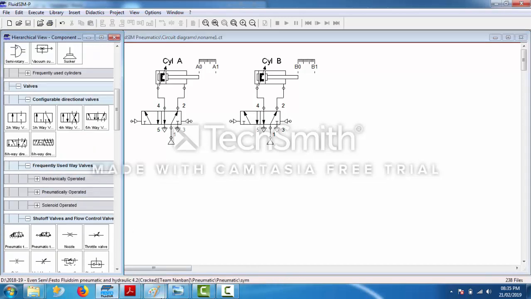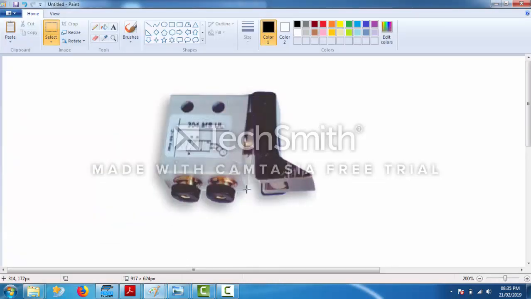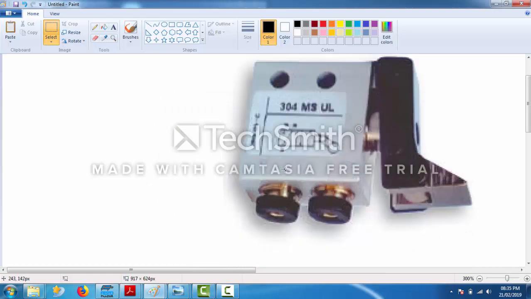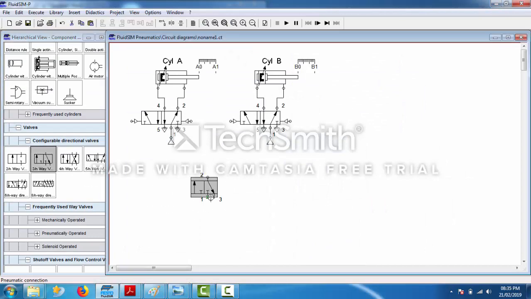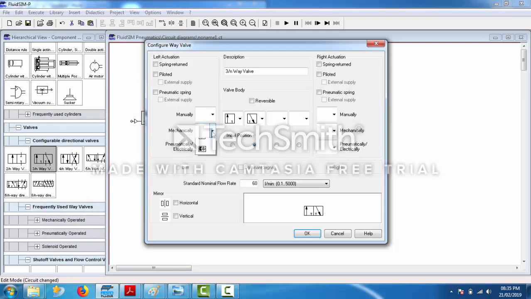Now just as I showed you in this picture, pneumatic limit switch sensors are always 3 by 2 valves. 3 by 2 valves, limit switch operated, spring return. So we will use 3 by 2 valves. What kind?